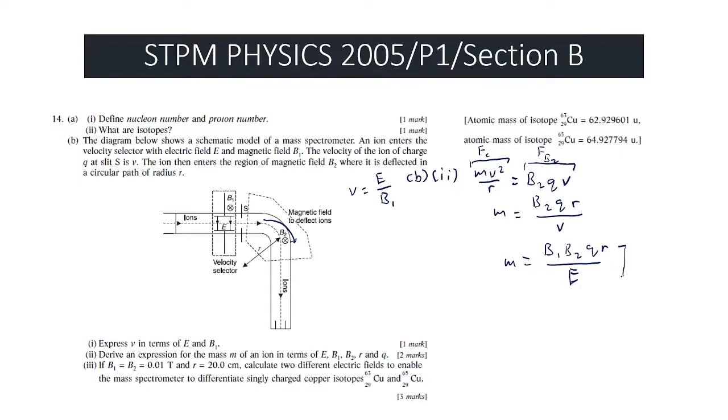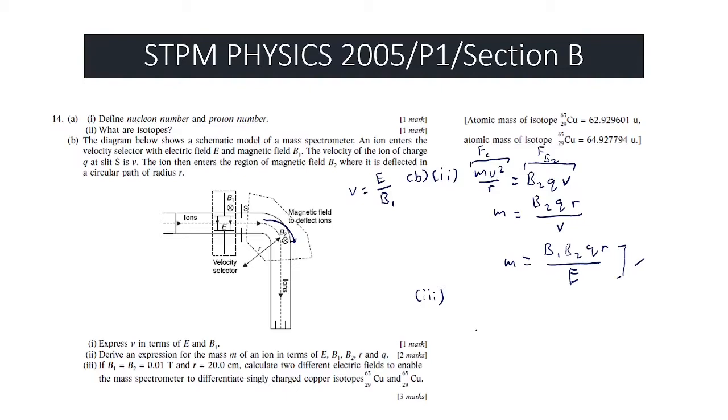For B3, if B1 equals B2 equals 0.01 Tesla and the radius is 20 cm, calculate the difference in electric field to enable the mass spectrometer to differentiate the slightly different copper isotopes, these two types of isotope.